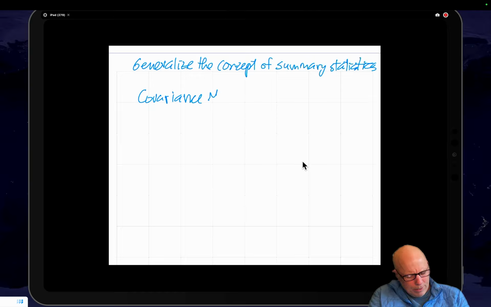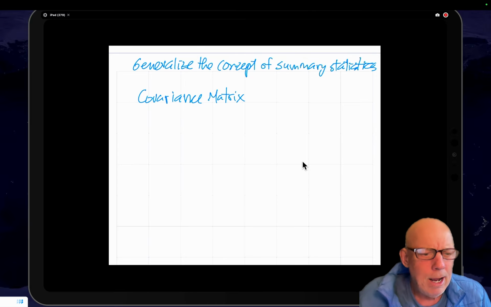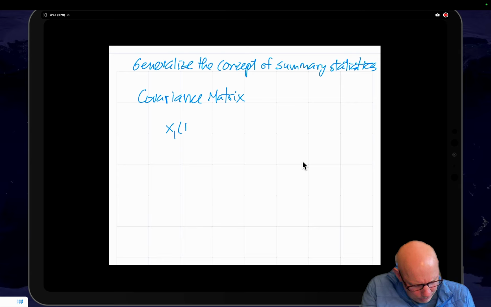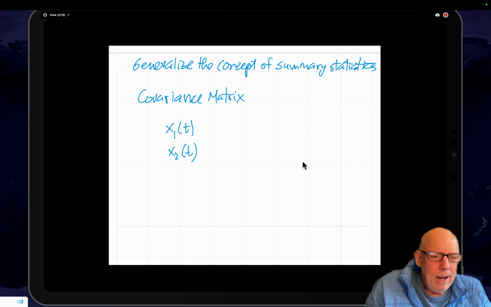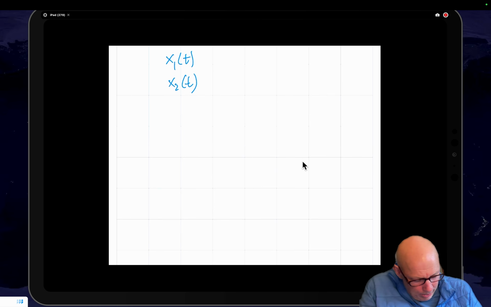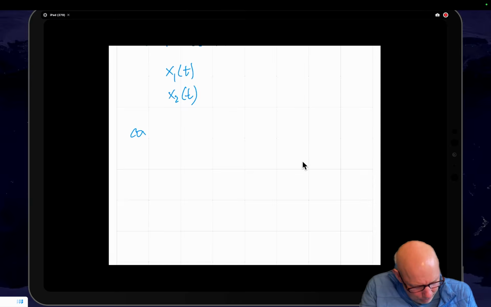And this is very important to our business of examining higher dimensional data. So recall that we had x1 of t and we had x2 of t. So I have these two variables. It's the positions of the two masses. And what I'm going to mean when I talk about the covariance matrix, in this case, to be very precise, I'm going to define it.